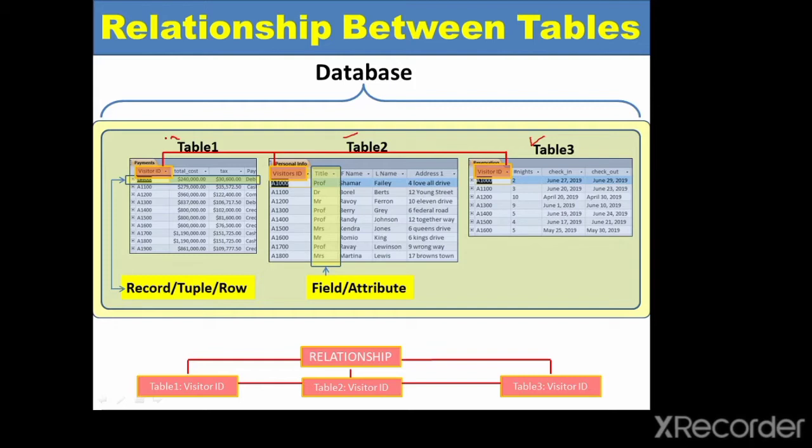So for example, in table 1, they might store your first name, last name, your gender, anything to do with your personal information, your address, things like that, they might store in one table. In the second table, they might store your reservation details, such as the room that you're staying in, the duration that you're staying for, what type of room you're staying in, information like that. And then for table 3, they might store your financial data.